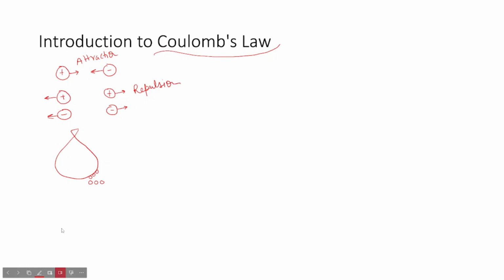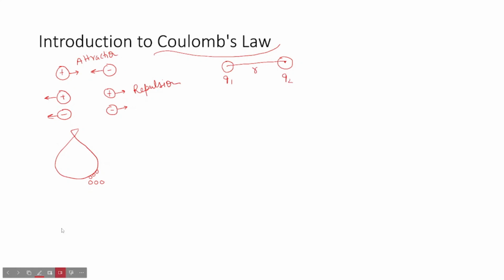Suppose there are two charges. Let us derive the formula of Coulomb's law. Suppose there are two charges Q1 and Q2, and R is the distance between these two charges.